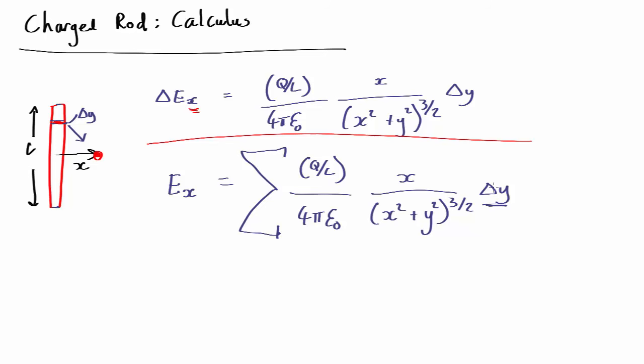Each delta y is 0, you're having an infinite number of zeros, infinity times 0, not quite sure what that means. So instead of making delta y 0, we will take the limit as delta y tends to 0. At the moment it's only roughly accurate. If we want to make it really accurate, we should take the limit as delta y tends to 0 of all that.